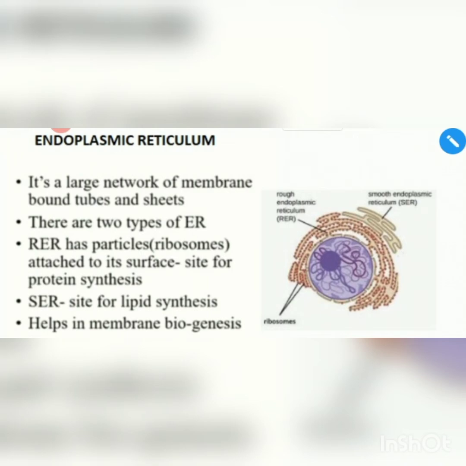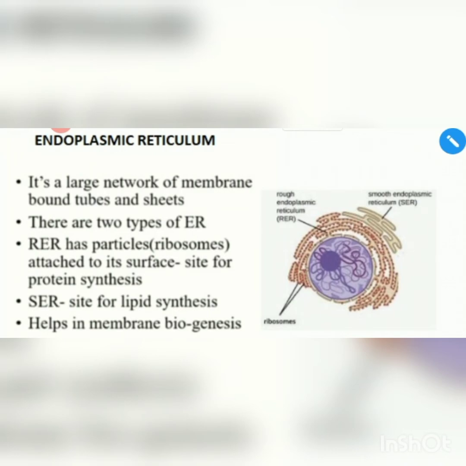Now, we have already studied that the plasma membrane is made of both lipids and proteins. The endoplasmic reticulum manufactures lipids and proteins, and some of the proteins and lipids are used in building the cell membrane or the plasma membrane.